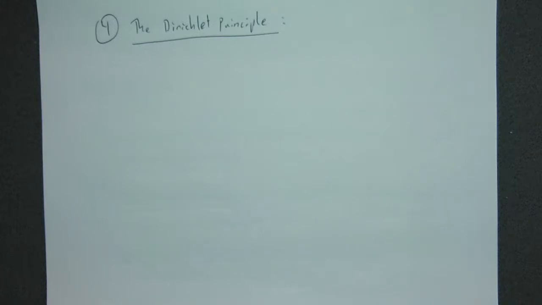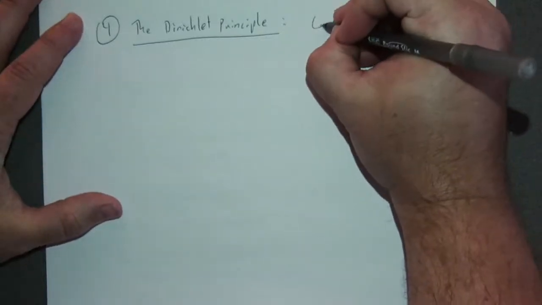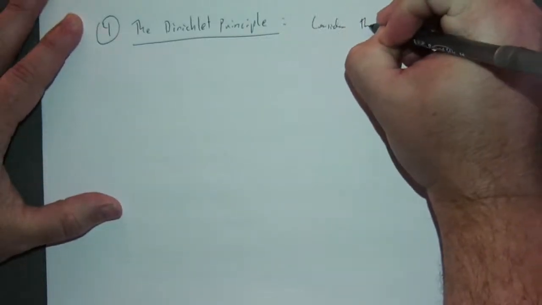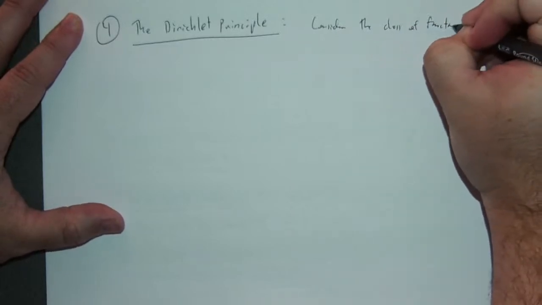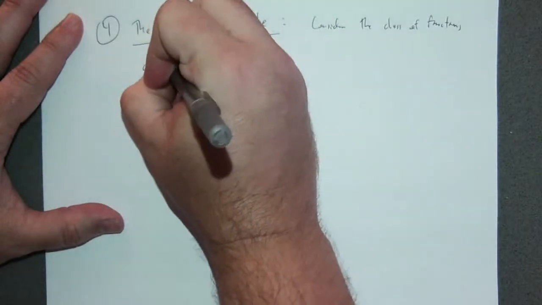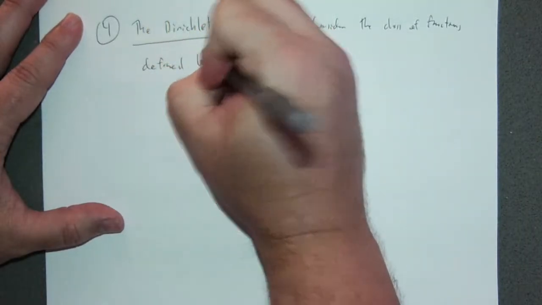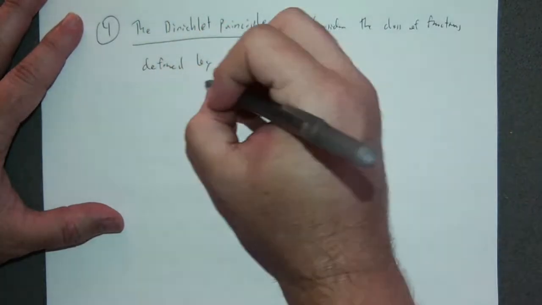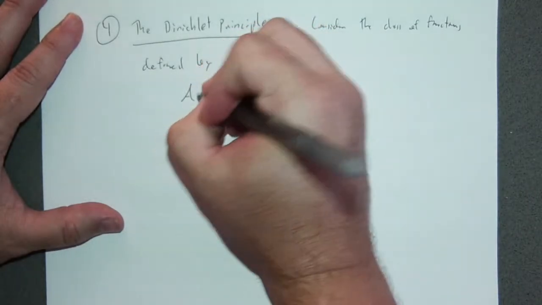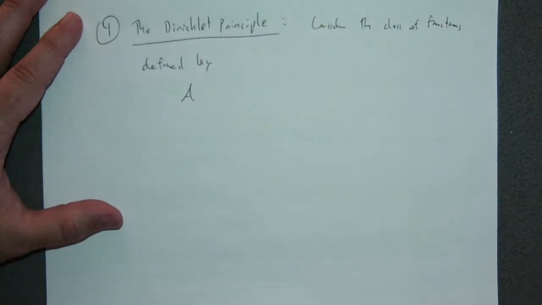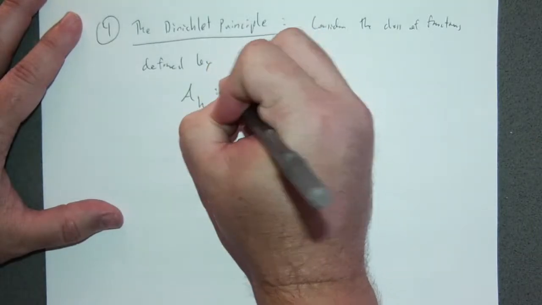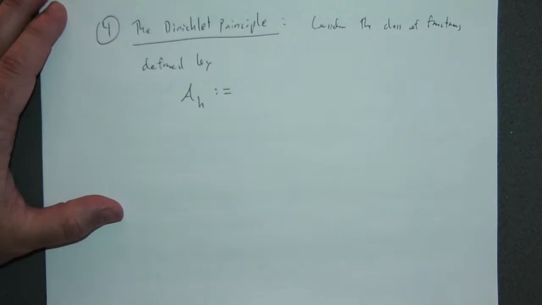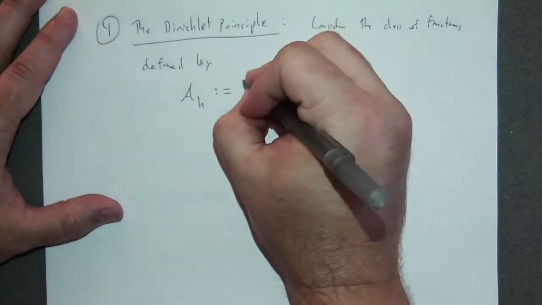So let's consider the class of functions defined by the following. I'm going to use the same notation he uses in the textbook, script A sub h, which is the set of all functions.